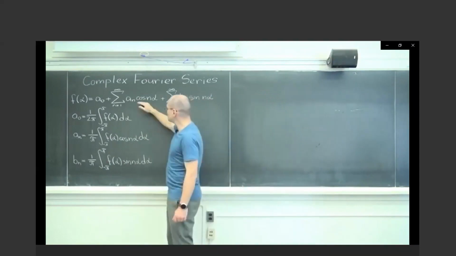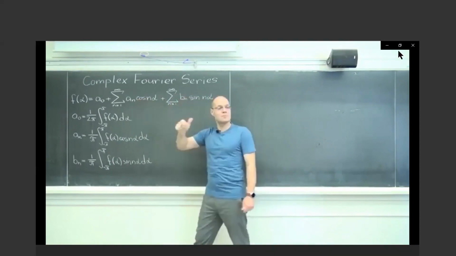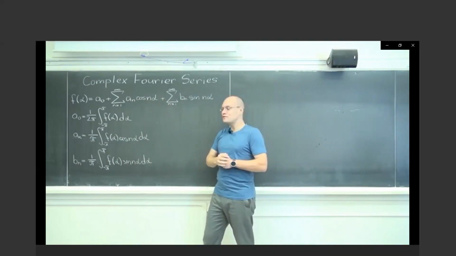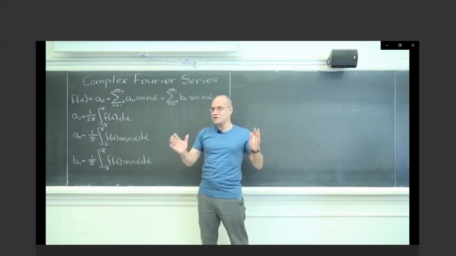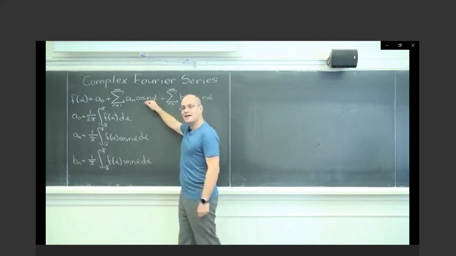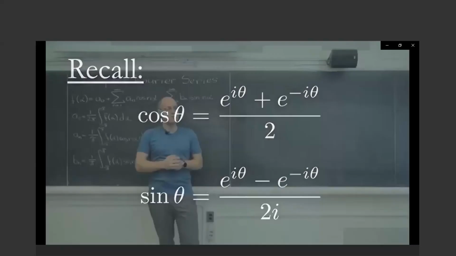So what I'm going to do first is represent the cosine as the sum of two complex conjugate exponentials. If you will recall, and I put it on the midterm just so that it's fresh in your mind, cosine of an angle is e to the i times that angle, plus e to the minus i times that angle, divided by 2.